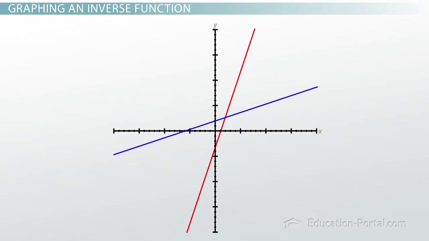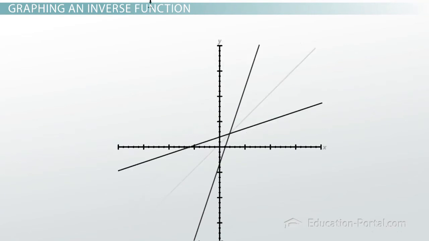And it's actually mirrored over the 45-degree angle, which is the x equals y line. So if I could fold this paper in half, I'd see that the function and its inverse are the same line.